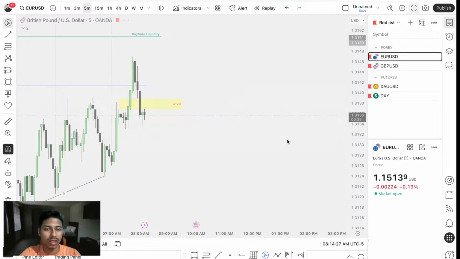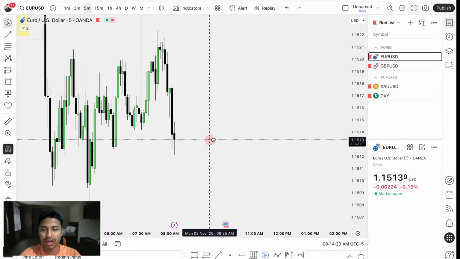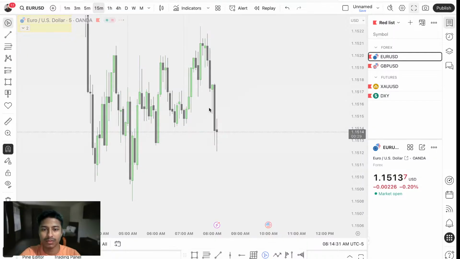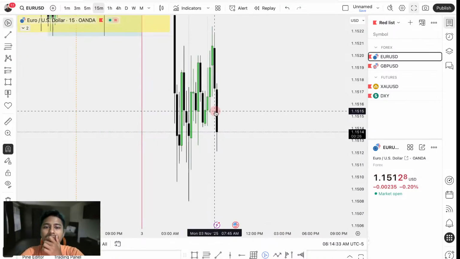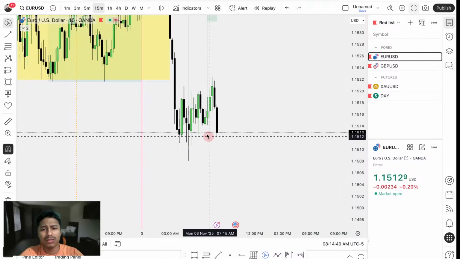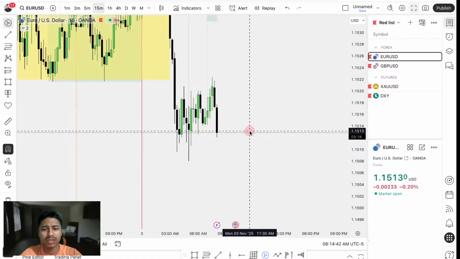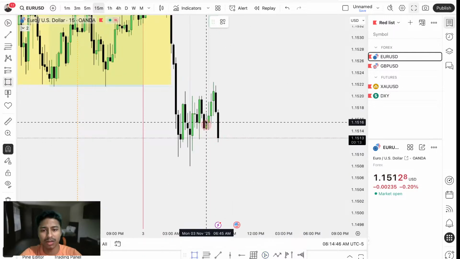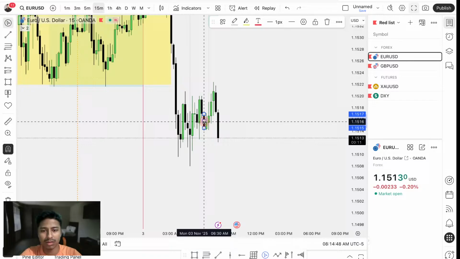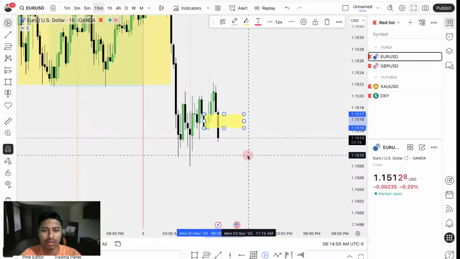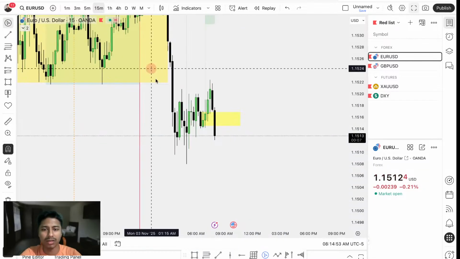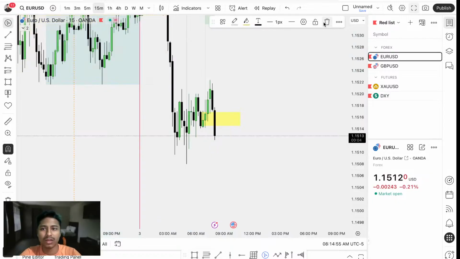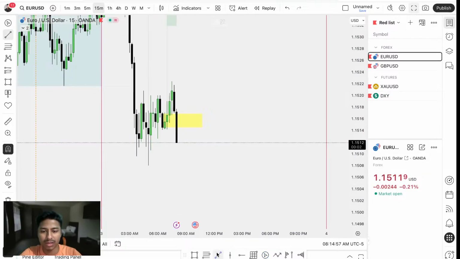And on EURUSD, we are actually falling hard. This could be a structure shift too, but if it gives a retracement to this breaker block, I can get an entry on EU too. As on 50 minute, you can see this is a structure shift.